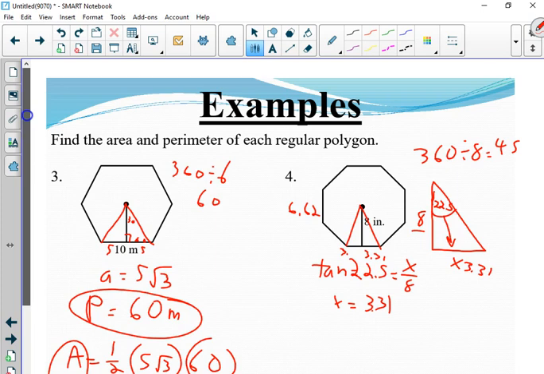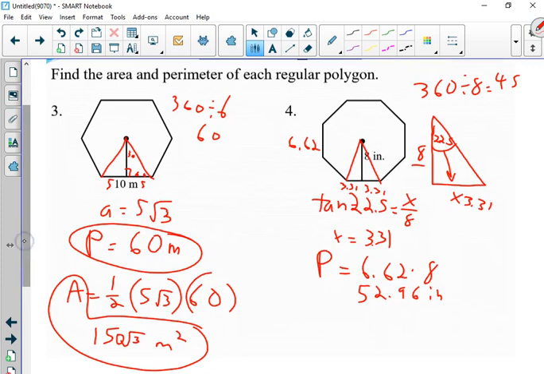But we have to write it twice to get both parts. That gives us 6.62. So our perimeter is 6.62 times 8, which is 52.96 inches. That's our perimeter.